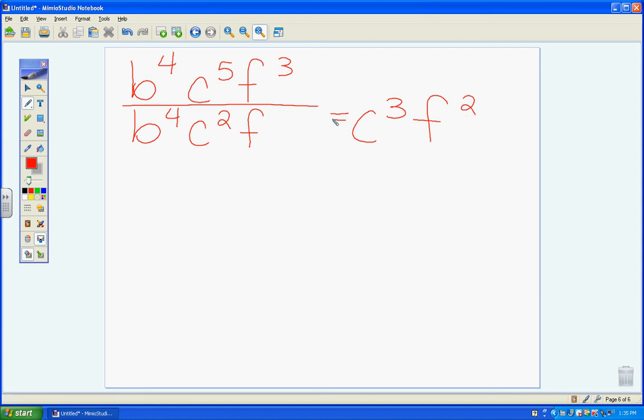Now, let's talk about this B to the 4th, because I'm going to use this one to prove another point. If I write out what this would be if they were numbers, the same on top, the same on the bottom.